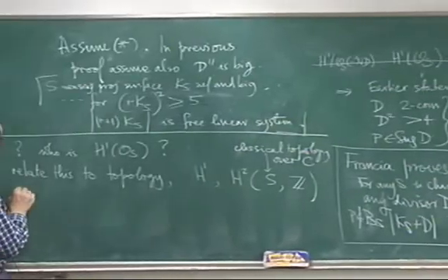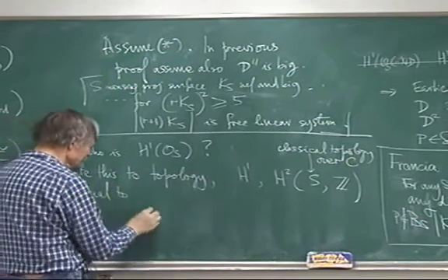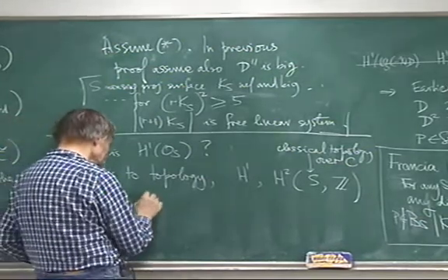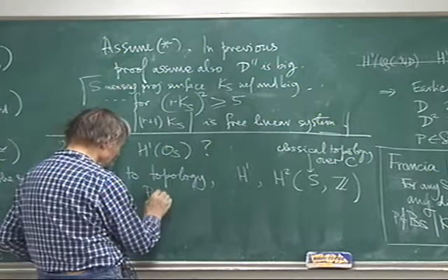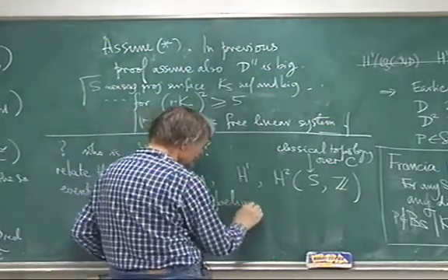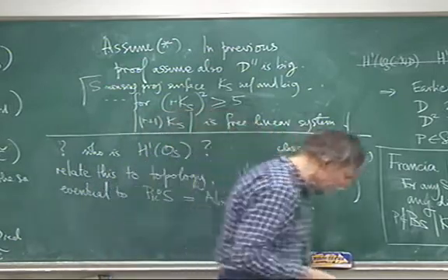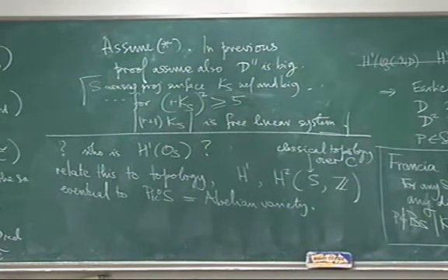And eventually to Pic 0 of S, which is an abelian variety. This is a strange thing: we want to do things in coherent cohomology, but these vanishing theorems are outside algebraic geometry.